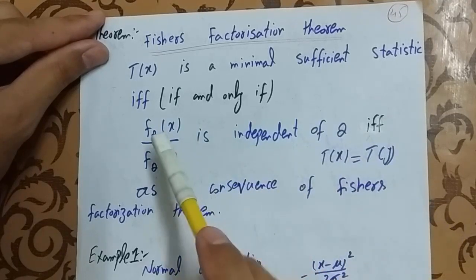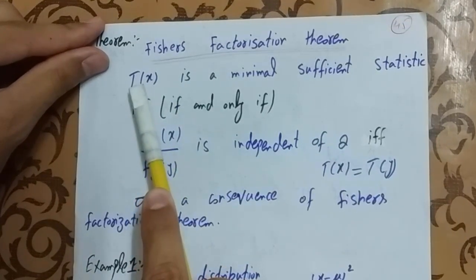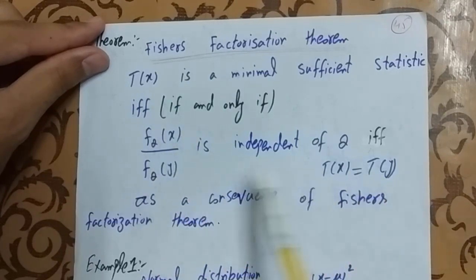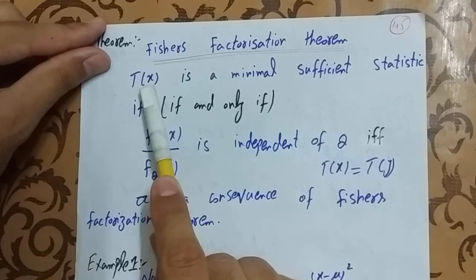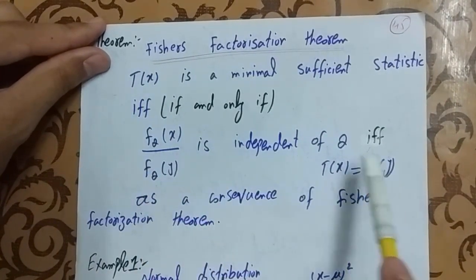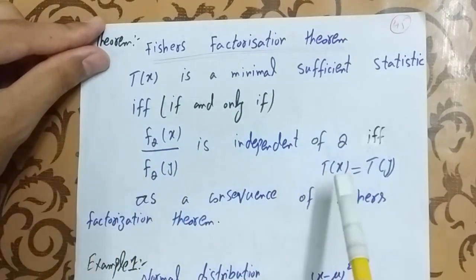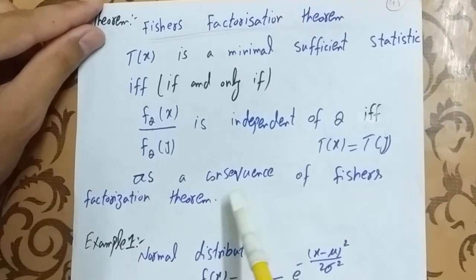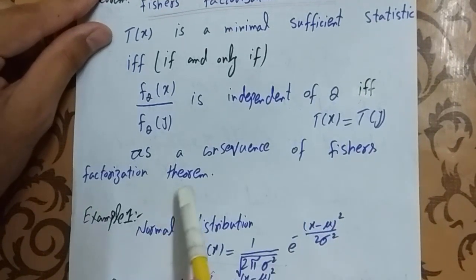We take the value from X and put it in the capital T, the minimal sufficient statistic, and also take the value of small y and put it in the minimal sufficient statistic, and you can check these two answers. When we apply T, the answers are the same. So this is a consequence of the Fisher factorization theorem.